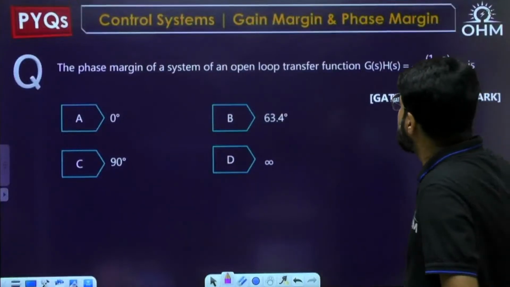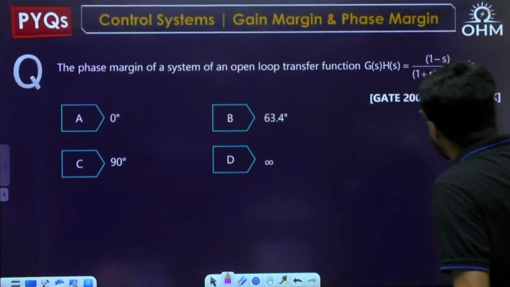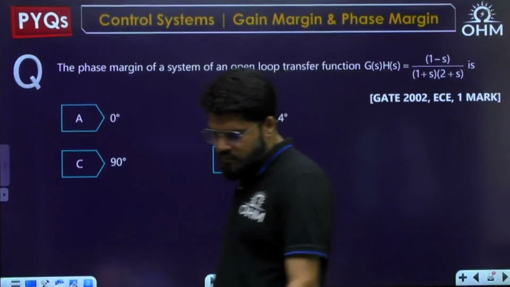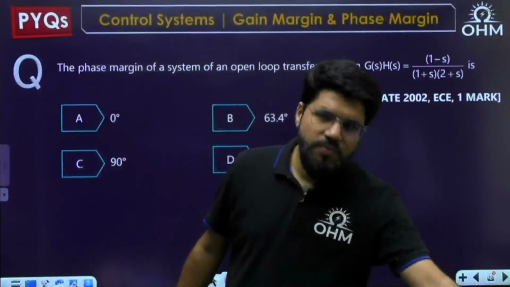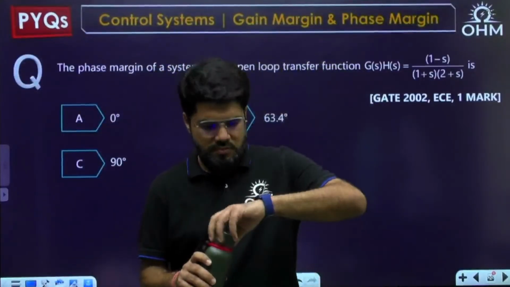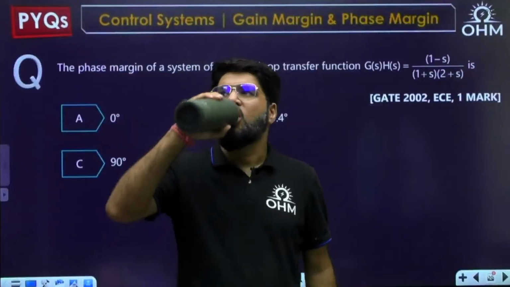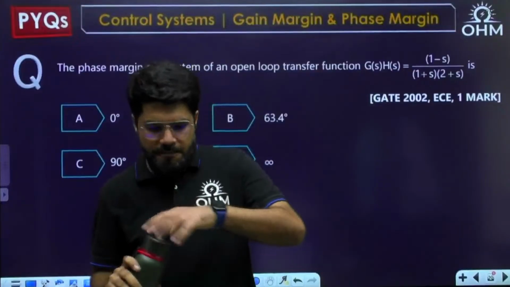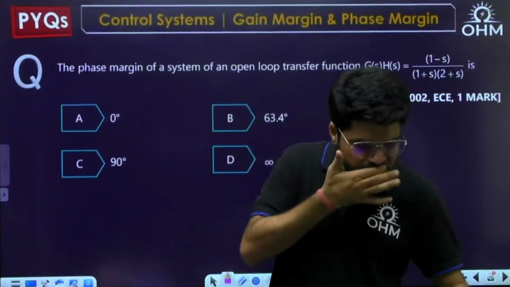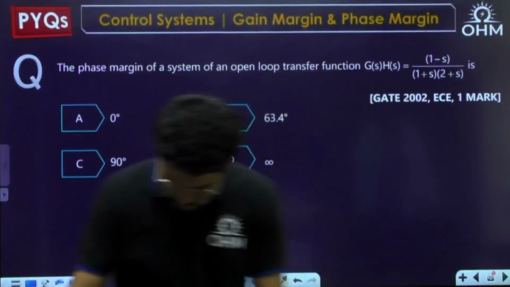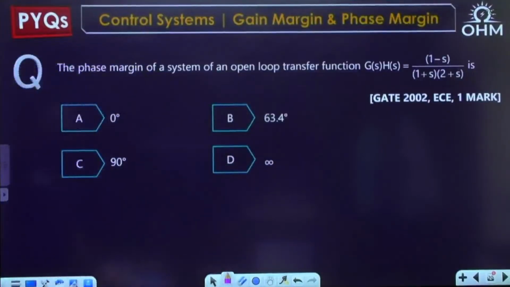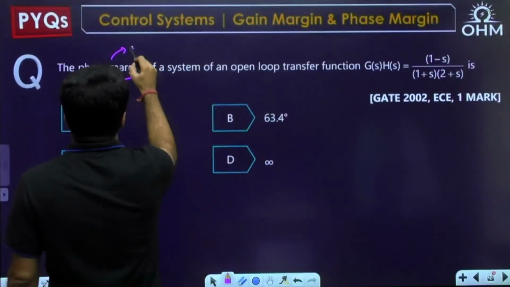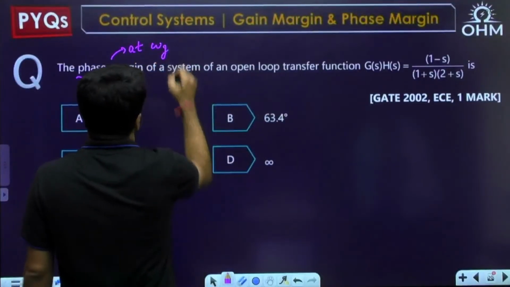Phase margin of the system with open loop transfer function G(s)H(s) equal to (1 minus s) upon (1 plus s)(2 plus s). Let's again find the phase margin, and the phase margin is calculated at omega g.